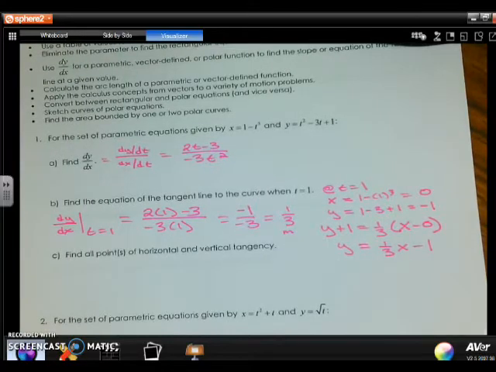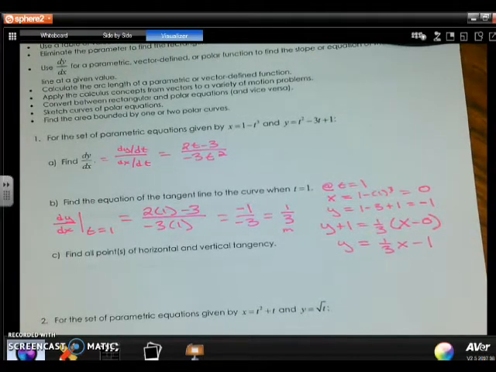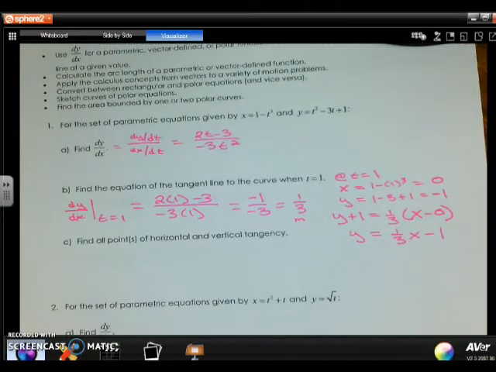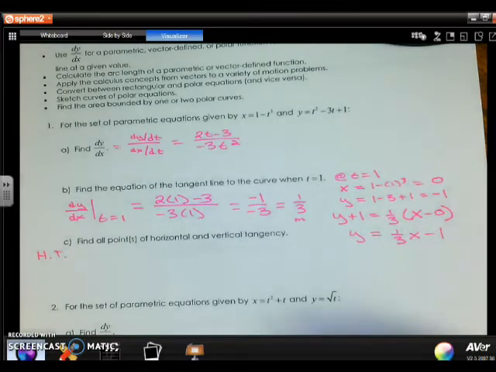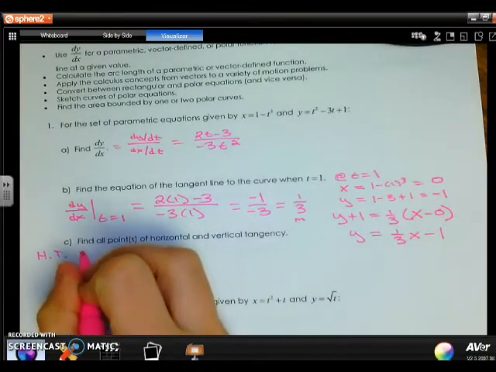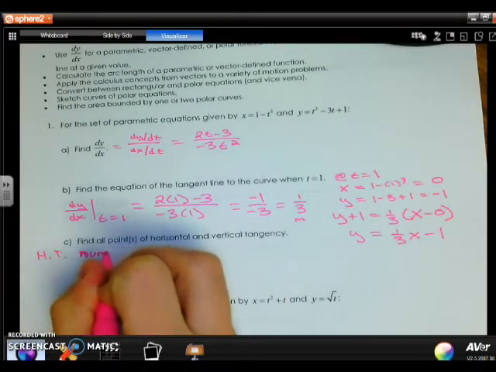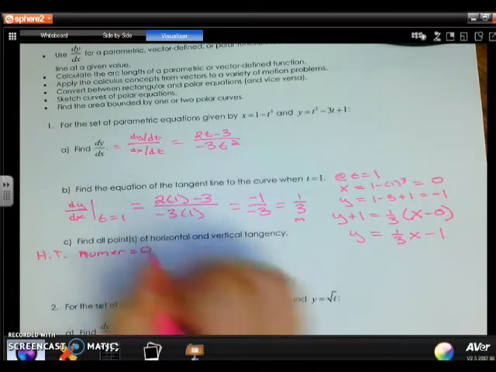Find all points of horizontal and vertical tangency. For horizontal and vertical tangency, you need to pay attention to the slopes, and when the slope, aka the derivative, is either 0 or undefined. I'll do horizontal tangency first. Horizontal tangency occurs when the derivative equals 0, aka the numerator equals 0.